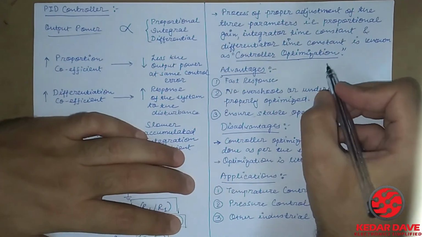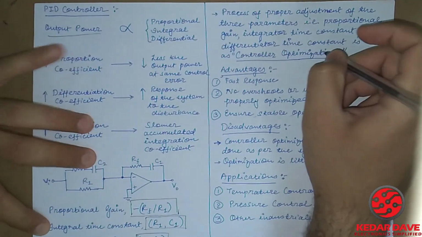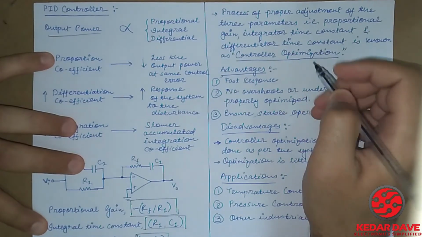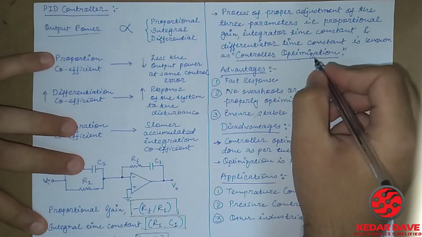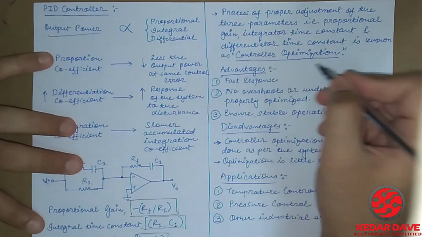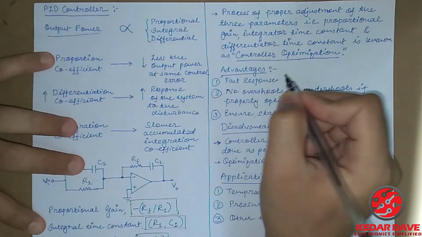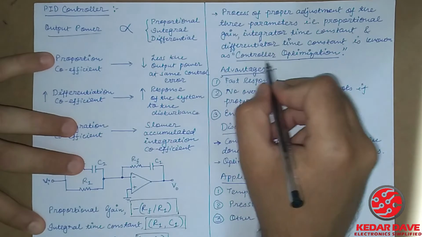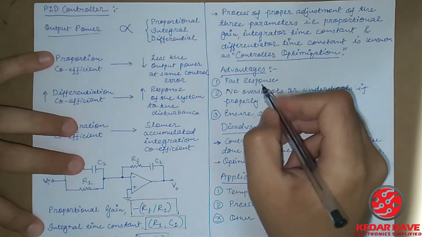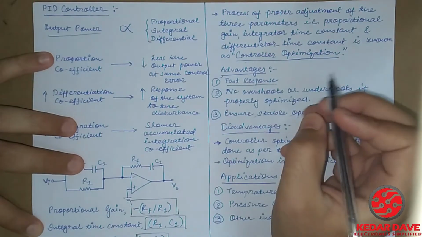Okay, so mind one thing: if they ask you what controller optimization is in this PID controller, then it can be described in this way. This optimization is quite useful for the PID controller. Let's check how it is useful. First we will check the advantages, and we will get some idea about this controller optimization. First of all, the response of this PID controller will be faster, right?